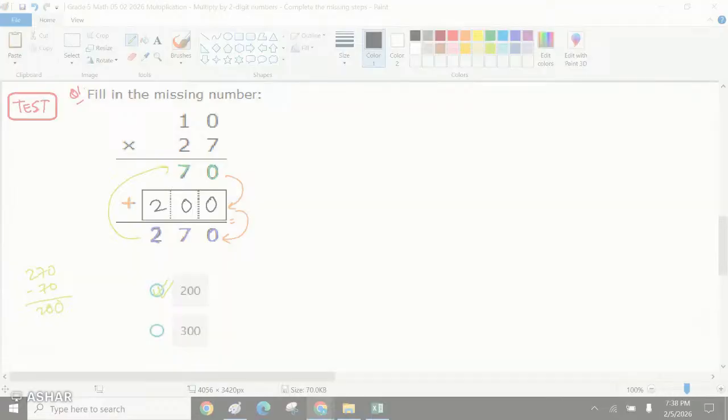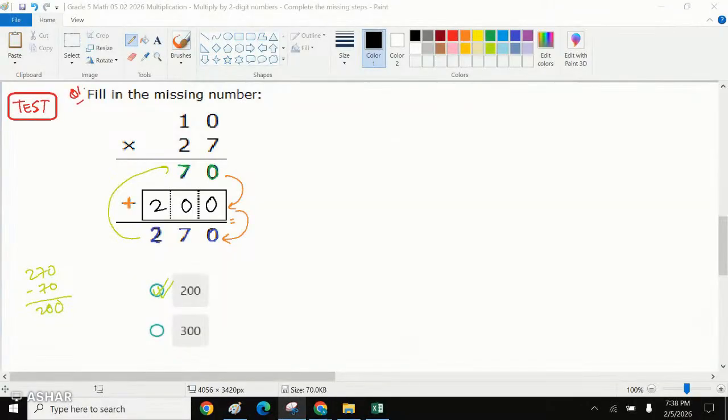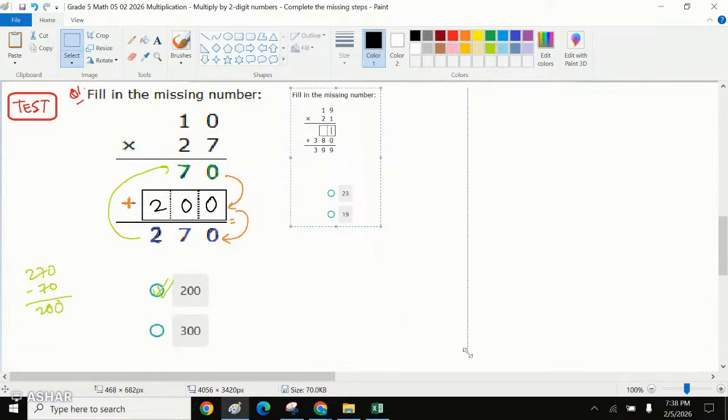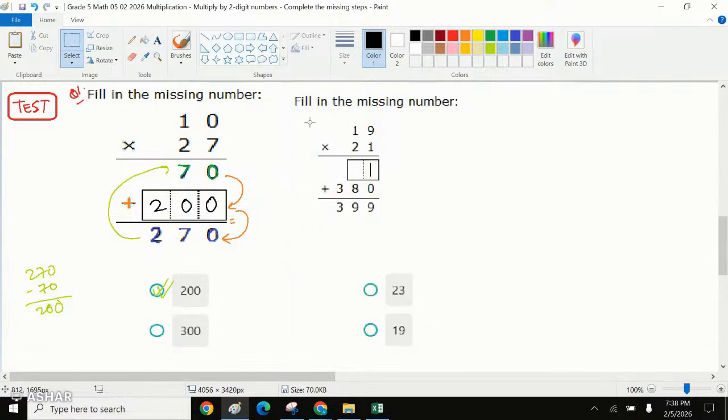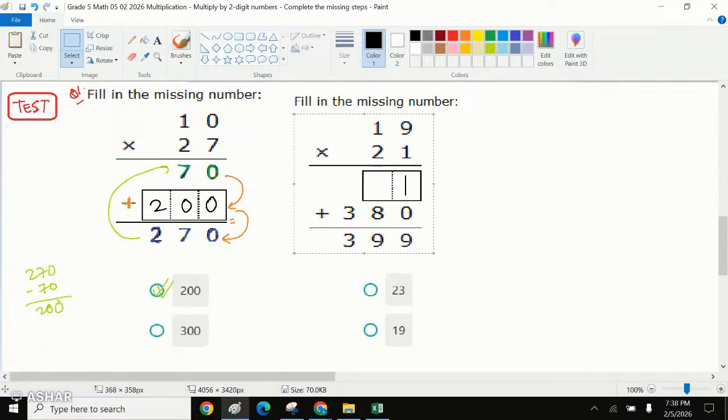So for the next question, it says fill in the missing numbers and select from the given options. These are the options given in question number 2. Okay, we will try not to do it by subtraction, because through subtraction we know 399 minus 380 would be 19, right?